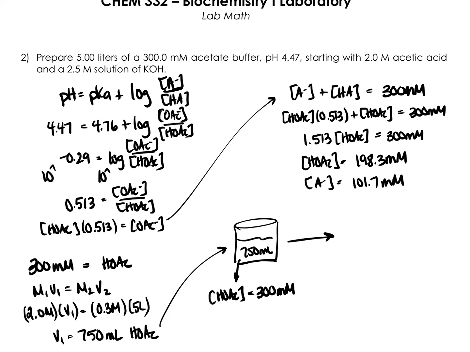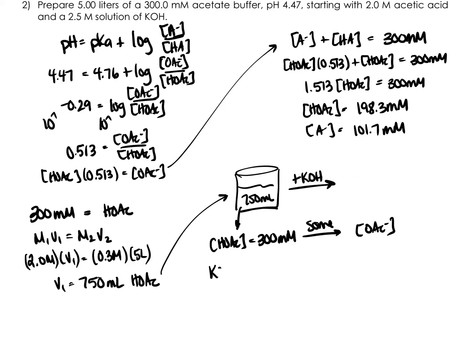What we're going to do in the rest of this calculation is realize that we're going to be adding KOH, and we're going to take some of this acetic acid at 300 millimolar and make it into acetate, right? So we're going to have KOH plus HOAc generate H2O and OAc minus.